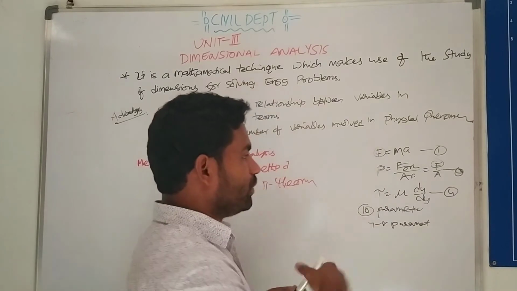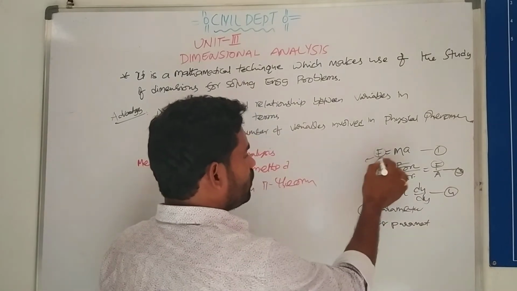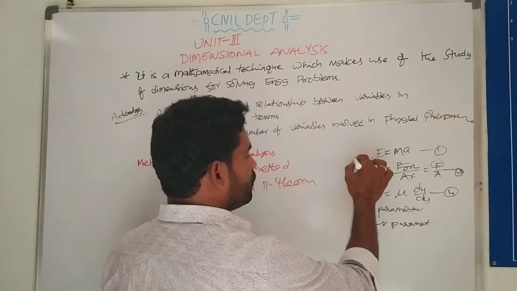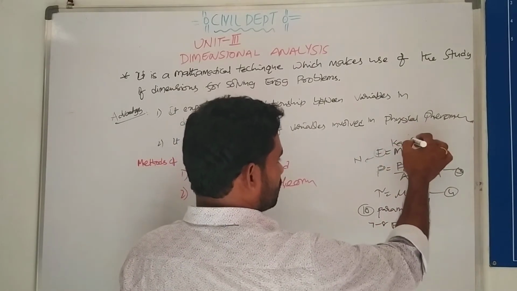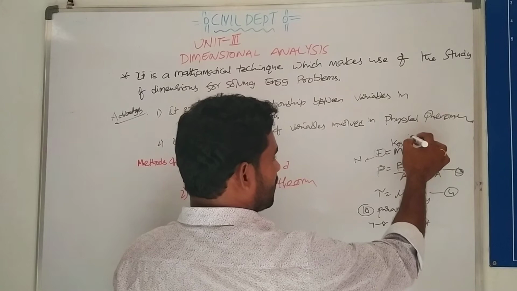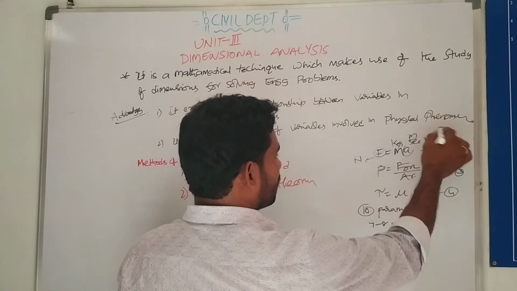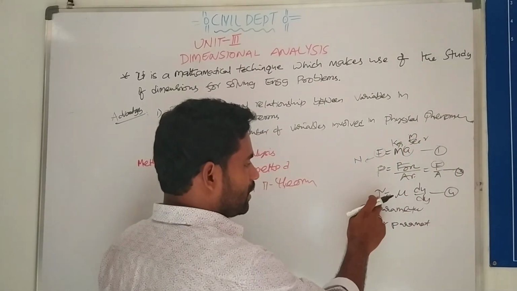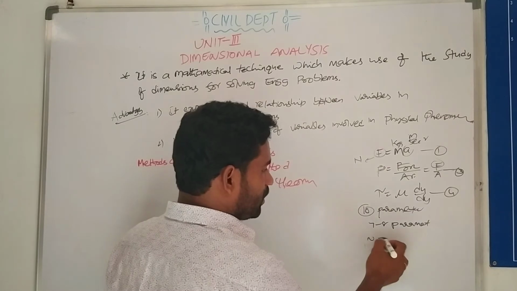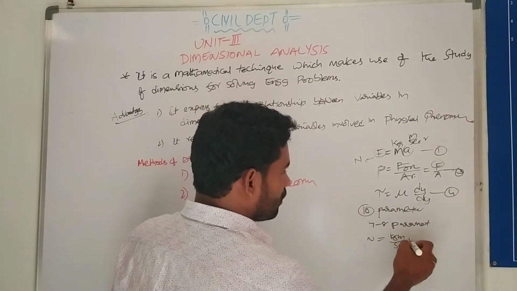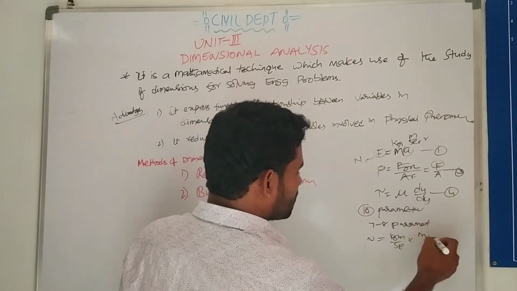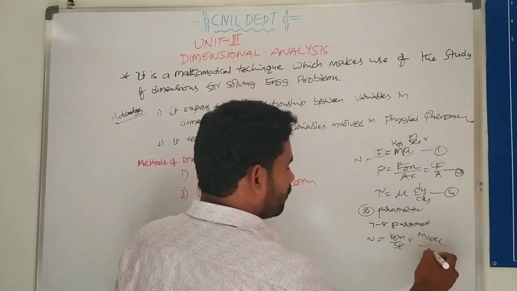And coming to units, how can you define the force? Newton, kg mass, acceleration meter per second square. And let us take tau: Newton, viscosity kg per meter per second, velocity meter per second, distance meter.